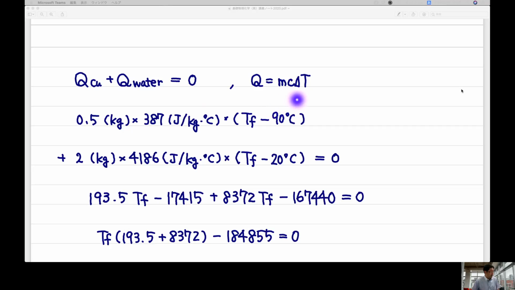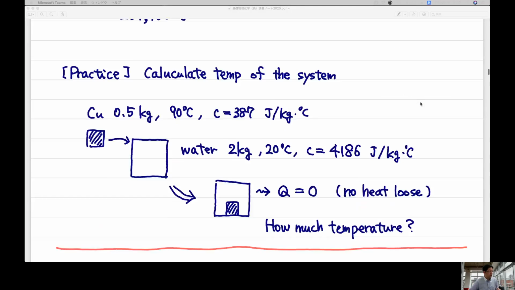the mCΔT, I mean the Q copper, can be calculated by this equation: 0.5 kilogram of copper, the specific heat constant. Do you remember?